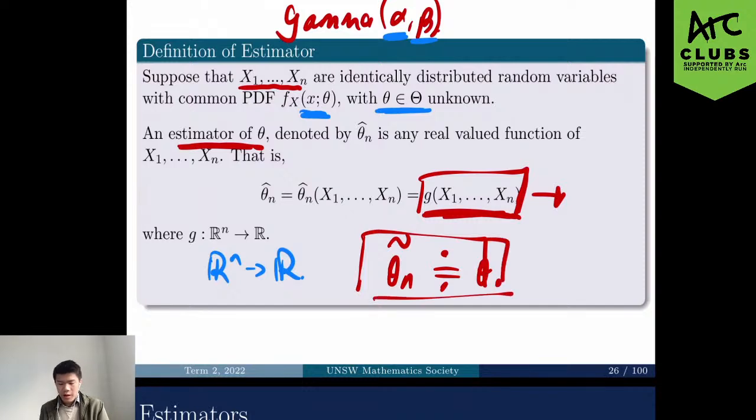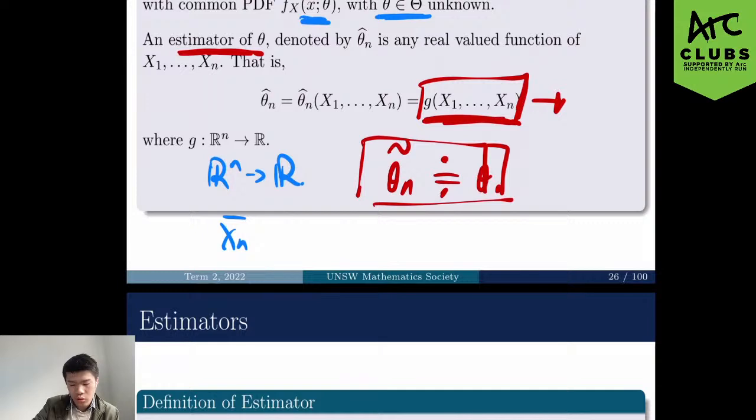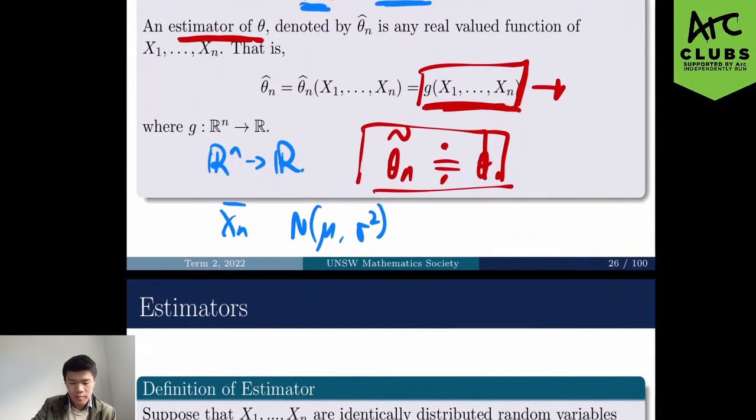Right? A classic example is a sample mean. So we know the sample mean of maybe a normal mu sigma squared distribution is approximately equal to mu, right? We learned that through the law of large numbers and also through the central limit theorem. But basically, x̄n is approximately equal to mu.